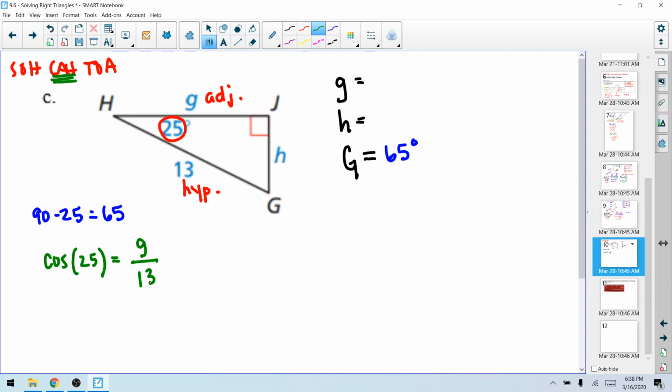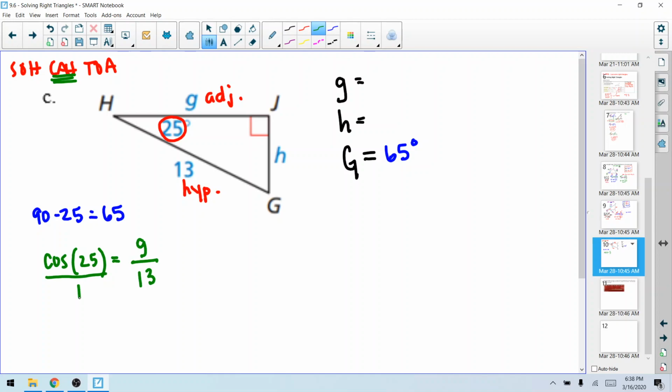Should I take the inverse cosine of both sides? That little cosine to the negative 1 thing. Should I do that? I hope you're shaking your head no, because in this case we are not trying to find a missing angle. We're trying to find a missing side, and you don't use inverse trigonometric functions in order to find a missing side.